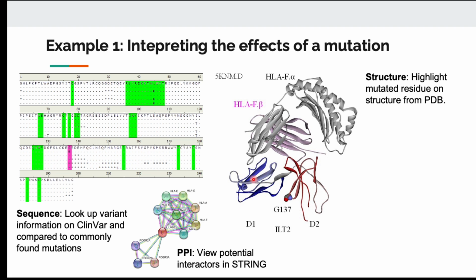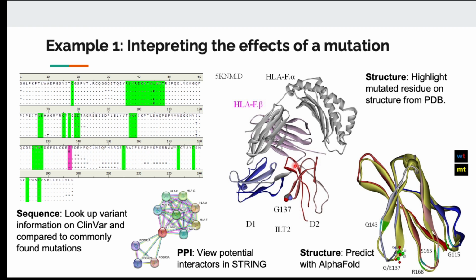The protein of interest is ILT2 with the blue and the red domains. And the mutation, the G137 residue, is on the outside of the structure, opposite from where this protein binds to the HLA. So in this case, we don't expect this mutation to disrupt the interaction between HLA and this protein. So knowing the 3D structure and the position of the mutation allows you to make new, more detailed hypotheses, or rule out some hypotheses.